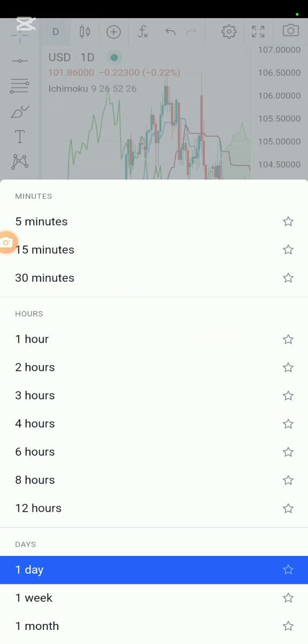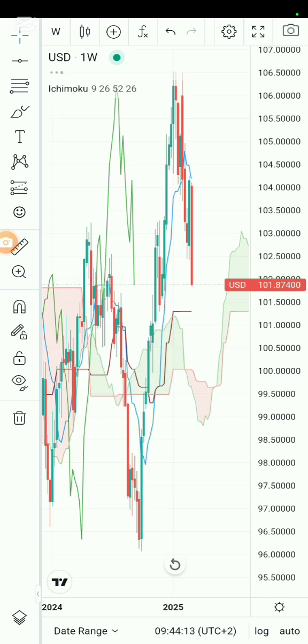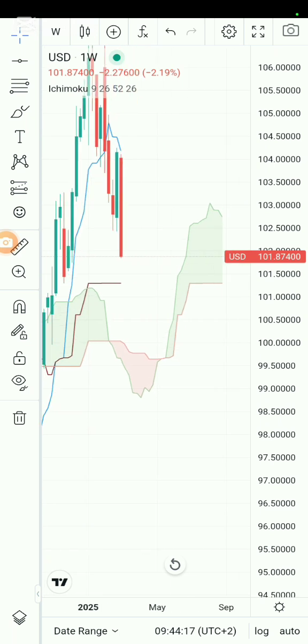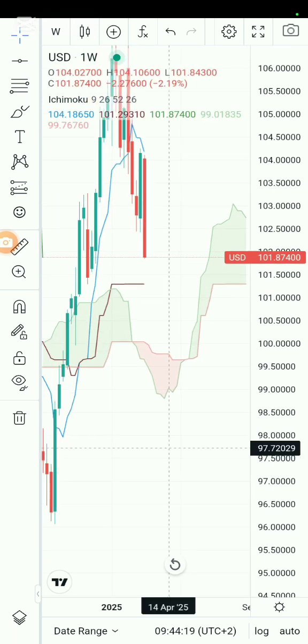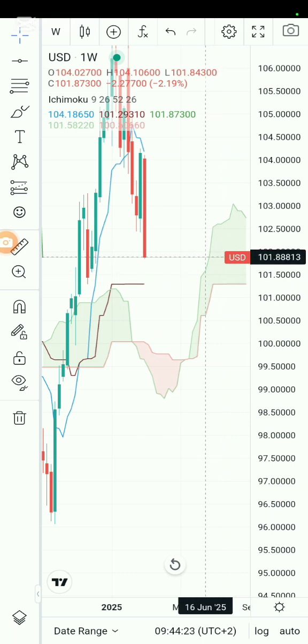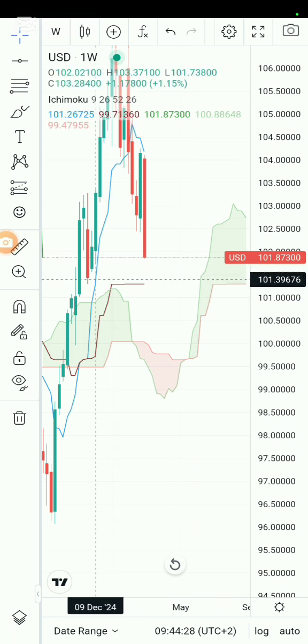Now let's look at the weekly for any indications or anything like that. Now if you look at the weekly time frame, you can see price still has a bit more weight. There's still room for price to continue moving down, maybe close to this level here, right? And then maybe price will find support and start moving up.